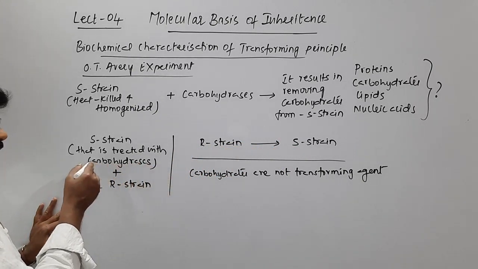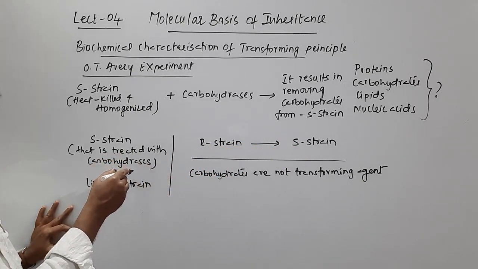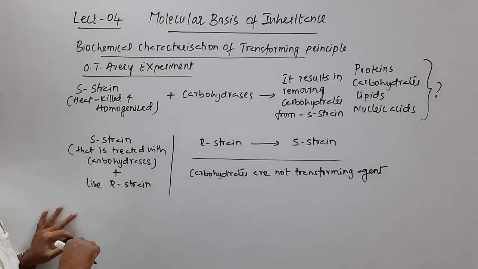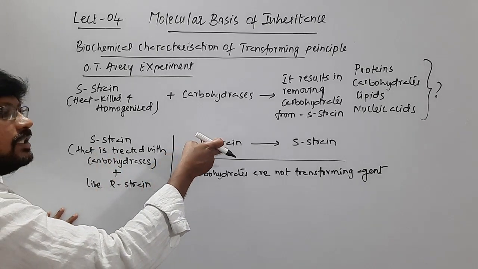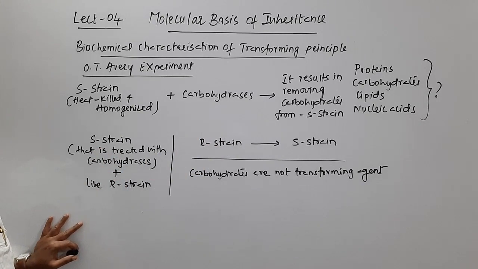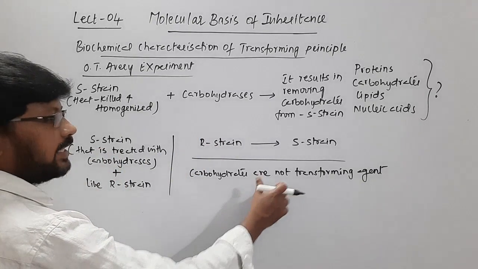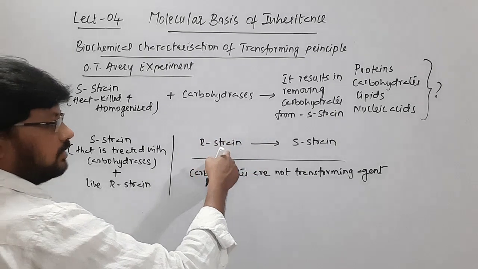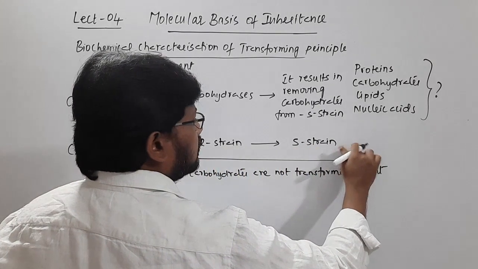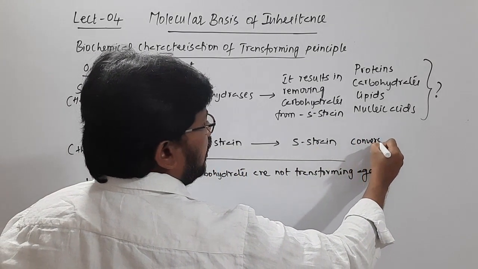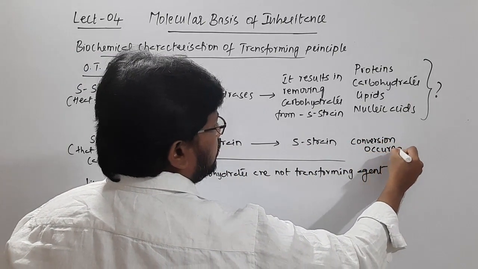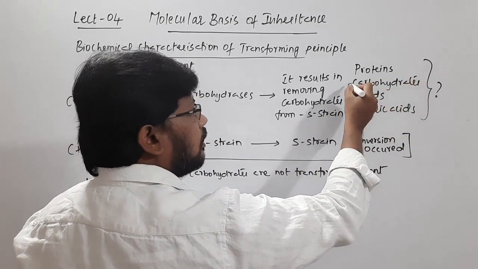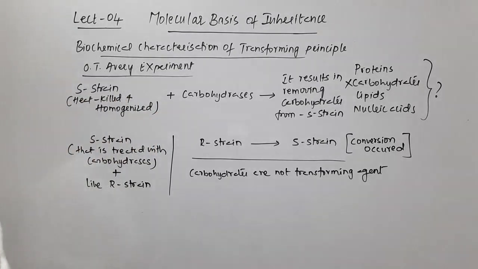If carbohydrates were the transforming agents, this conversion should not take place because carbohydrates are not present in the S strain. But here it has taken place, and this makes us come to the conclusion that carbohydrates are not the transforming agent. So the R strain to S strain conversion occurred, and with this we eliminate the carbohydrates.